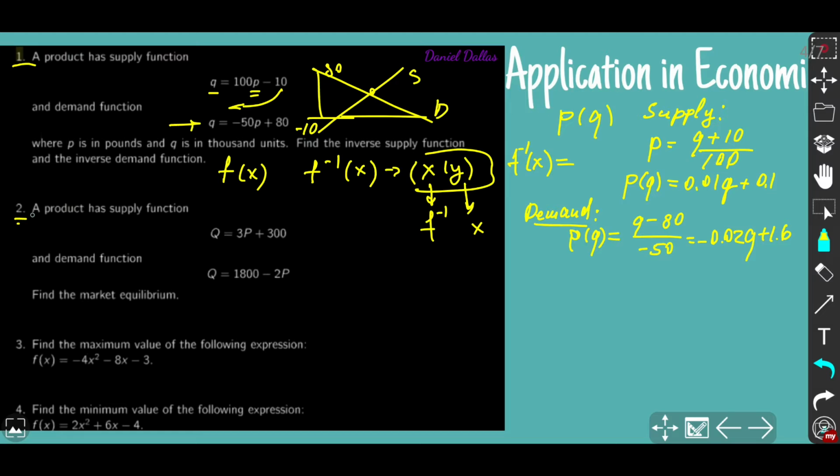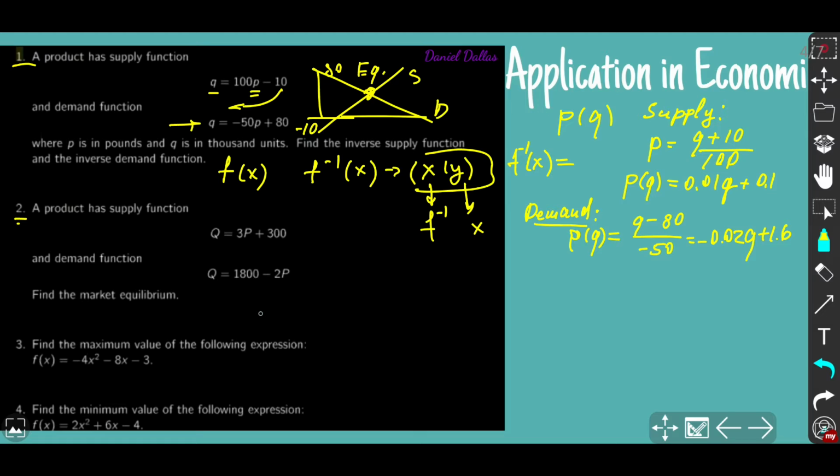So here, a product has a supply function and demand function. Find the market equilibrium. Again, equilibrium happens at the point where the demand curve and supply curve intersect, because in this simple case there are straight lines. That's basically the primary example for those functions, all right?